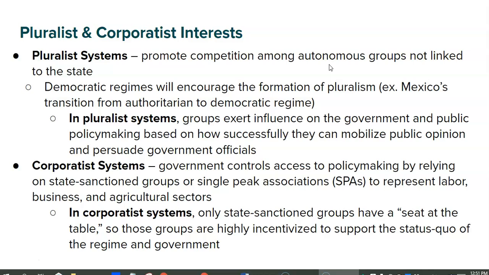This is how voices are heard. But only state-sanctioned groups can have a seat at the table. Again, this is information taken from the College Board, but they then get rewarded and want to maintain what they have. It's this continual cycle that you see.